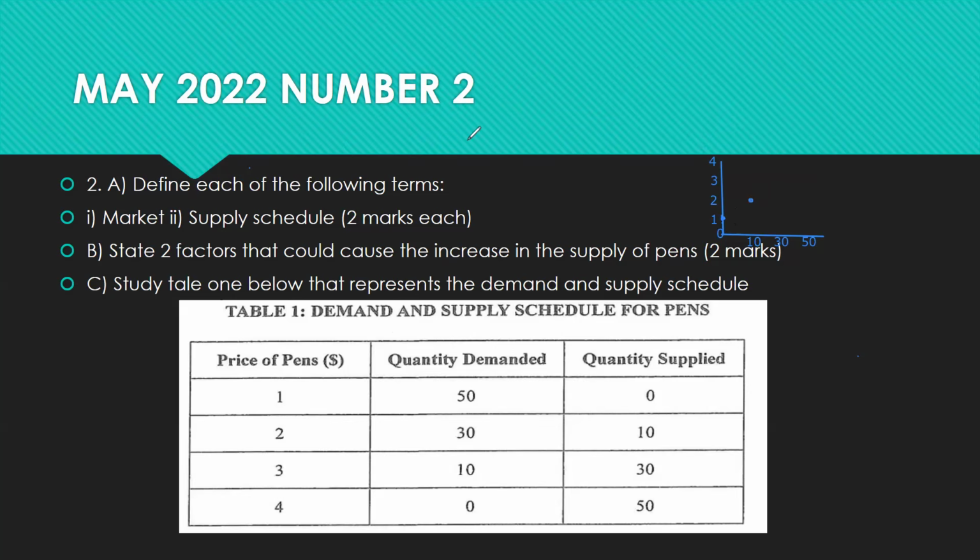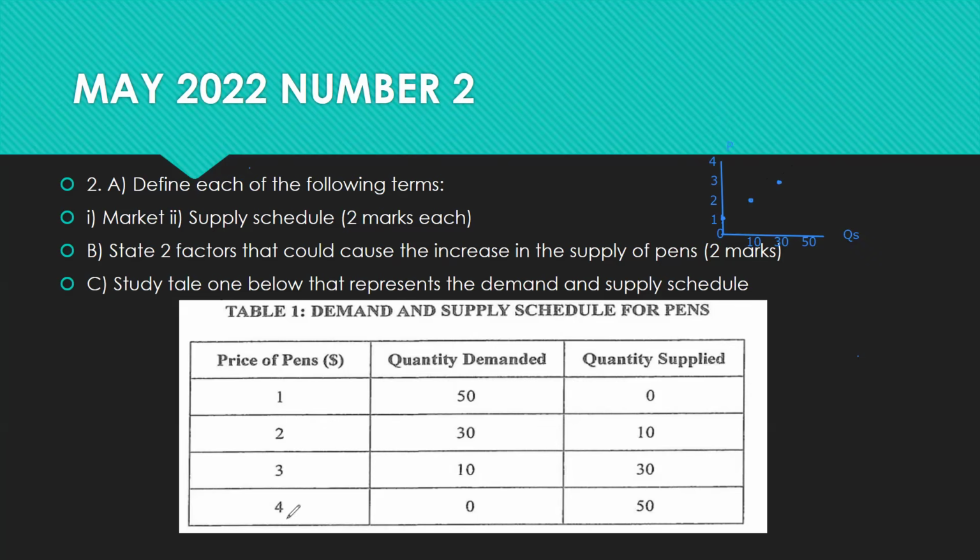Just to be clear, the price is always the y-axis and quantity supplied is always the x-axis. When price was 3, quantity supplied was 30, so I put a point there.